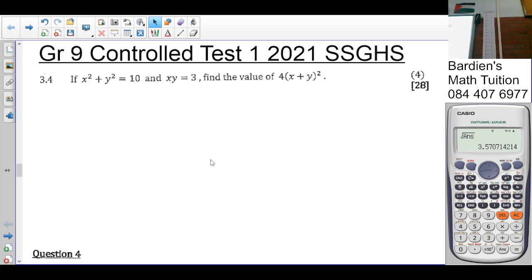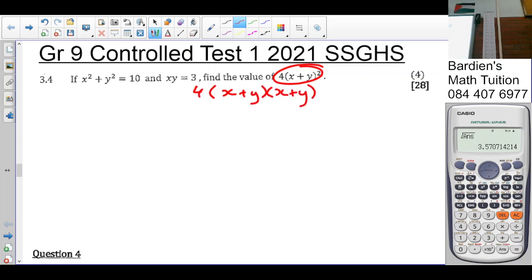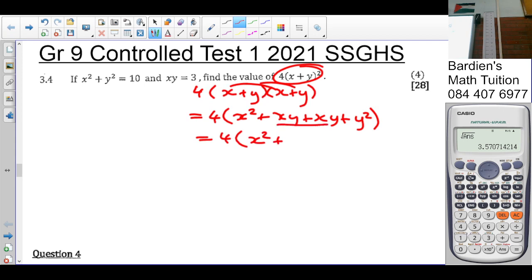3.4. If x squared plus y squared is equal to 10 and x times y is equal to 3, find the value of the expression. So what do you see here? I can square that out. So it's 4 into (x plus y) times (x plus y). So that is 4 into x squared plus xy plus xy plus y squared. That gives you 4 into x squared plus 2xy plus y squared.